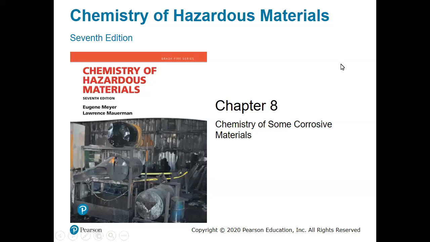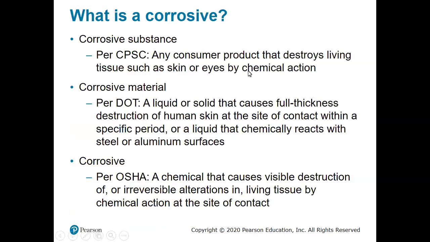So we start today with chapter 8 being corrosive materials. And what we need to start with for this particular chapter is an understanding overall of what a corrosive material is.